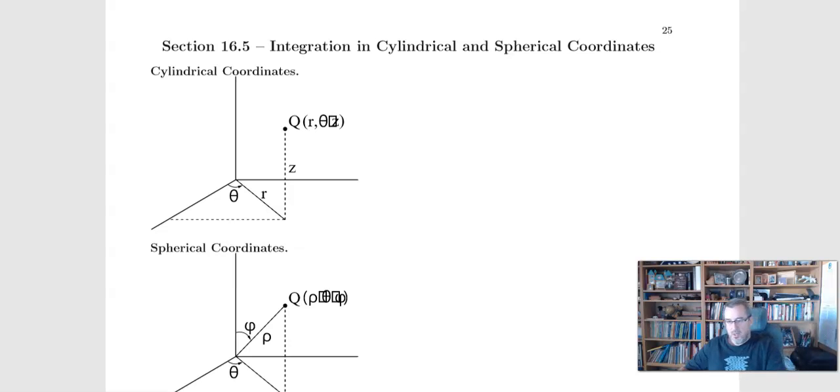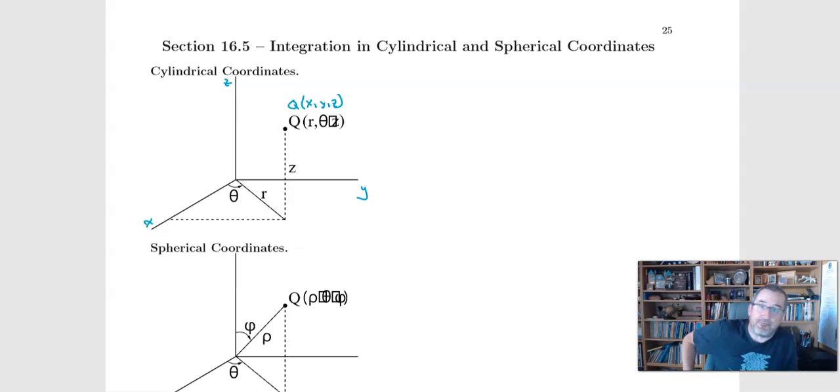Here's what I mean. All right, so here is the good old x, y, z coordinate system. Can you imagine coming out some distance x, going over some distance y, coming up some distance z to get to a point Q in regular rectangular coordinates?